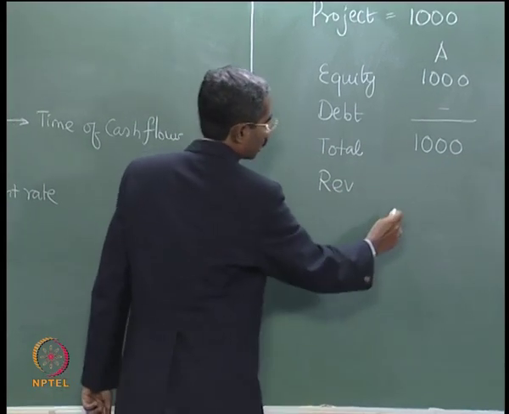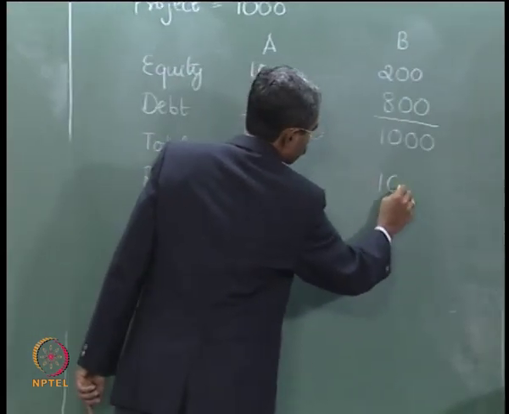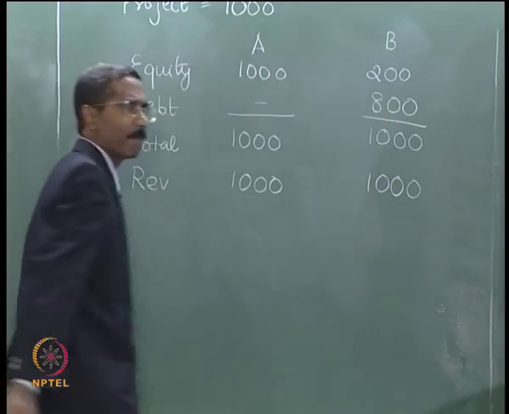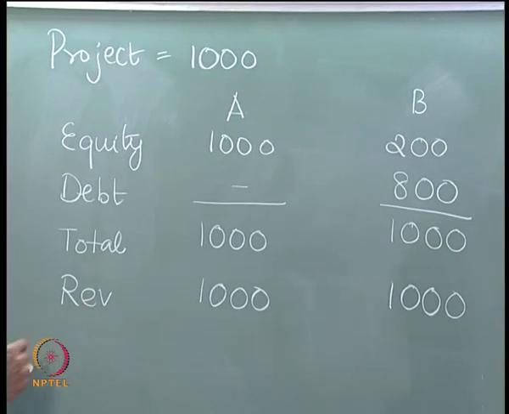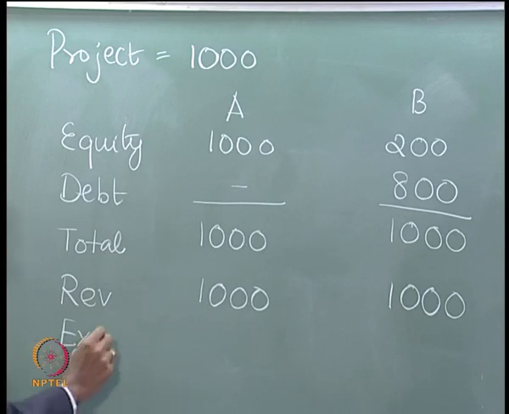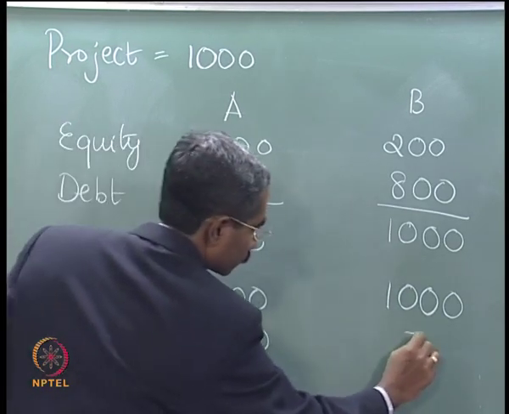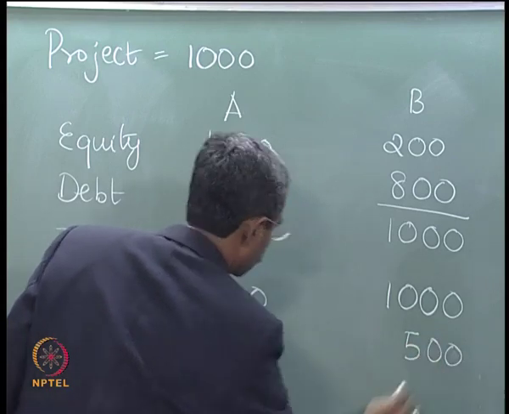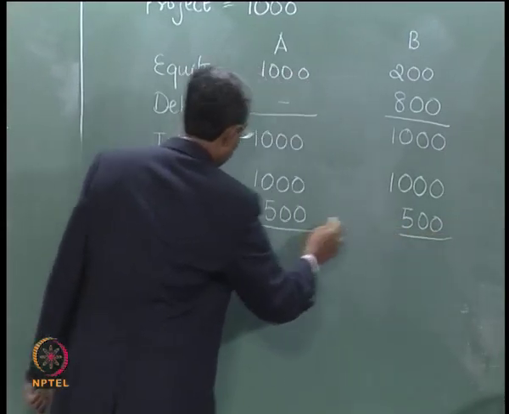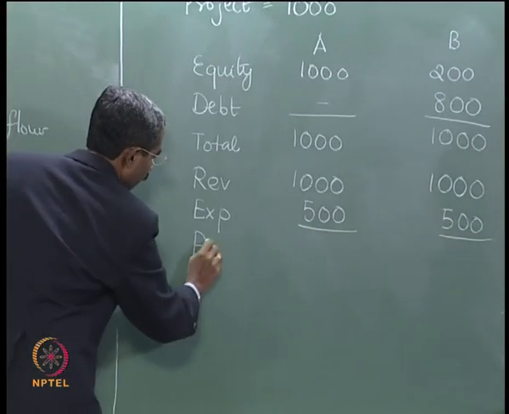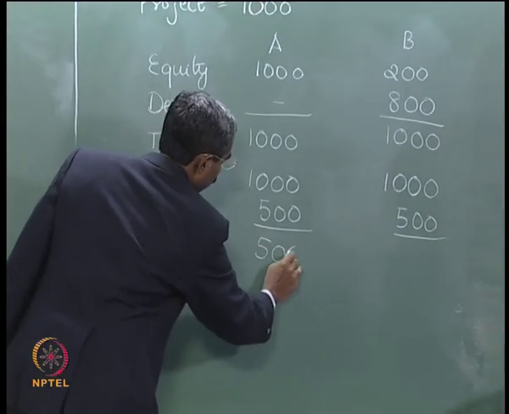So, both the companies have the same amount of revenues, 1000. For the sake of simplicity, let us assume that all the operating expenses amount to 500, and therefore, the profit before interest and tax works out to 500.